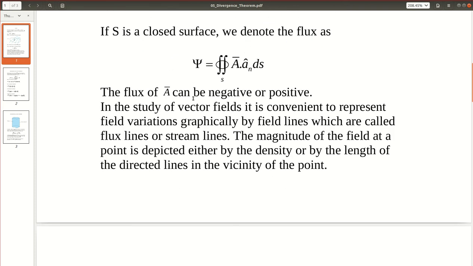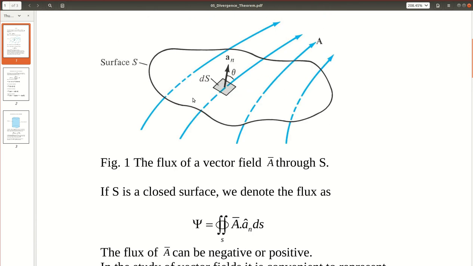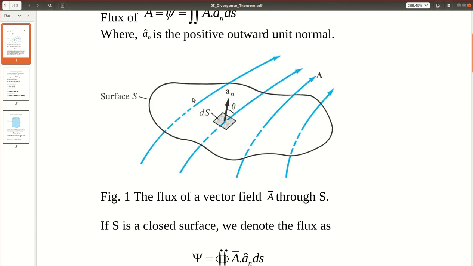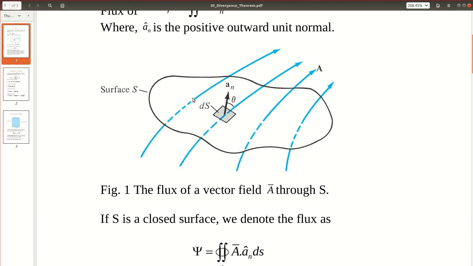Okay, the flux may be negative or positive. You can imagine it as the magnetic flux that comes from the north in a magnetic material, for example. You can graphically represent it by lines that go from the source of this flux and go outside.